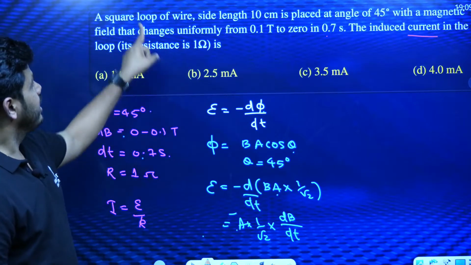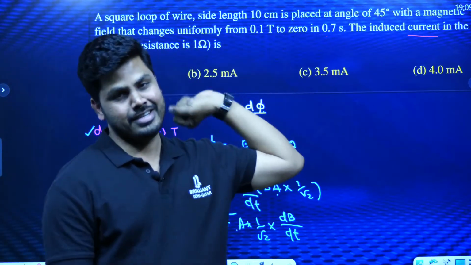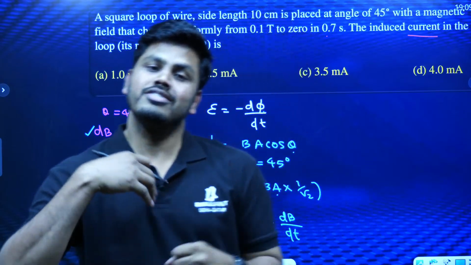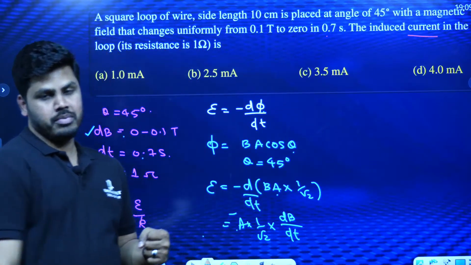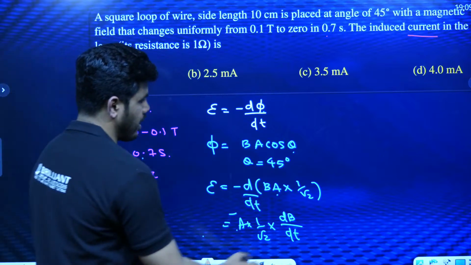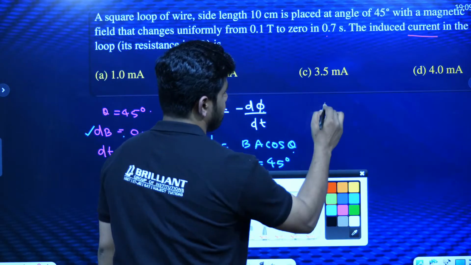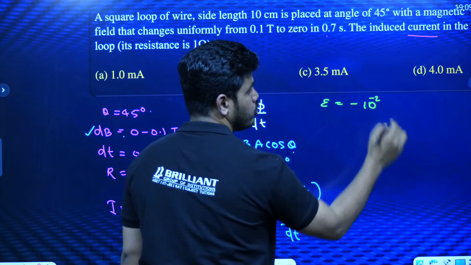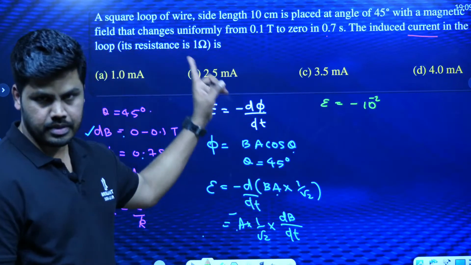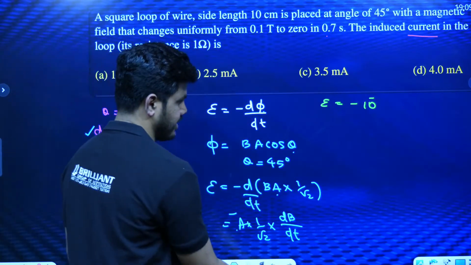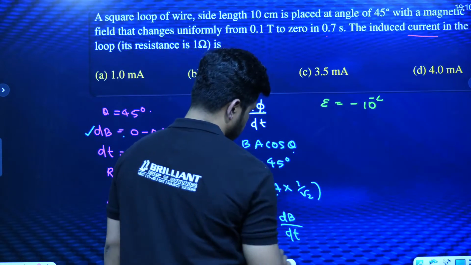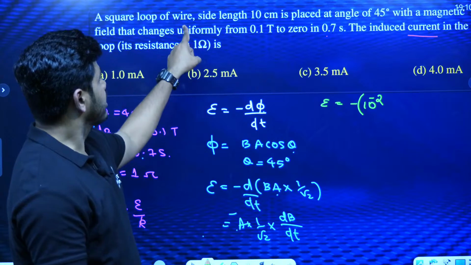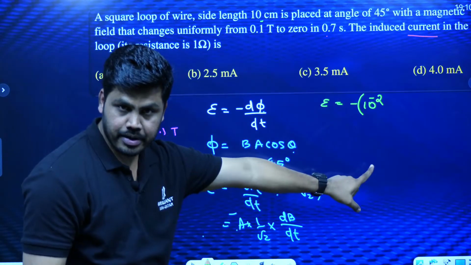What is the area? Area of the square loop of side length 10 centimeter. 10 centimeter is the side length of the square, so 10 square, 100 centimeter square is the area. Now just substitute the values here. So we get EMF equal to minus 10 raised to minus 2, because 10 into 10 raised to minus 2, the whole square, is the converted form of centimeter to meter square, right?